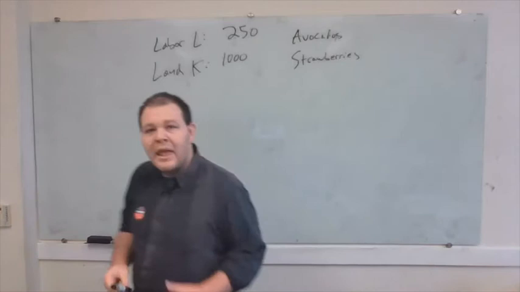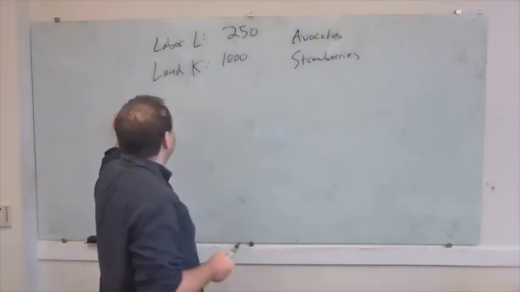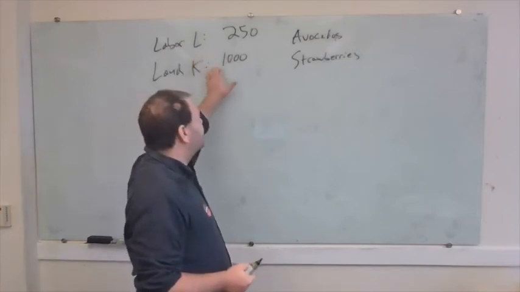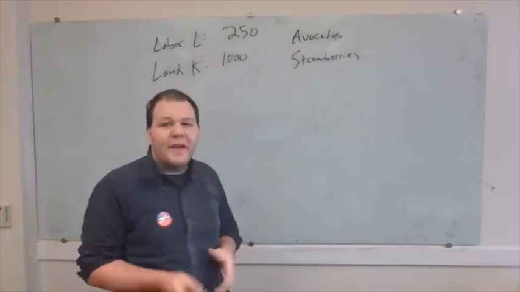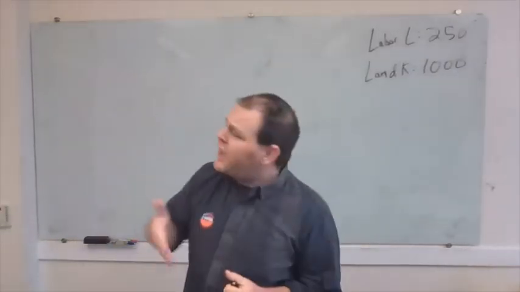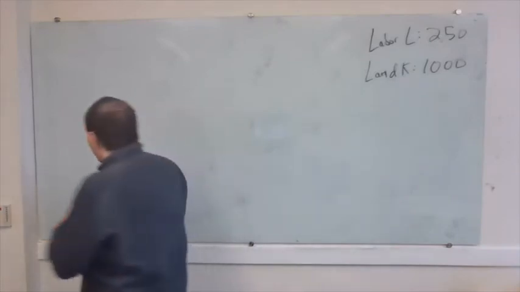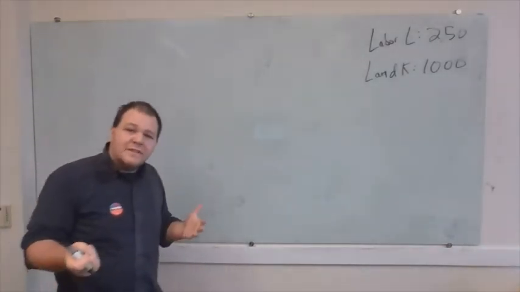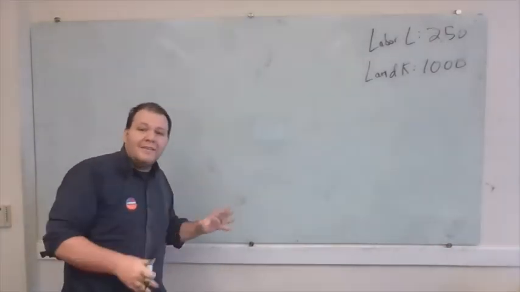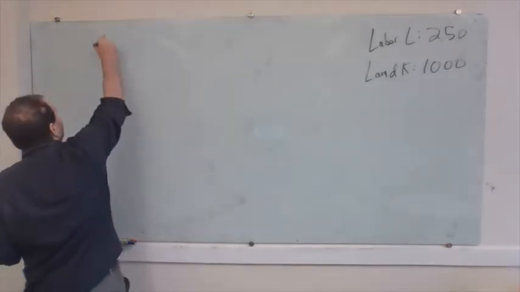Awesome. And our goal is going to be, right, to think about how we ought to allocate workers and capital between these two industries, right, the avocado industry and the strawberry industry. So because we have a fixed amount of labor and a fixed amount of land, right, we can graph all the combinations of labor and land that we could provide to, let's say, the avocado industry, exactly the same way that we did last time, right?